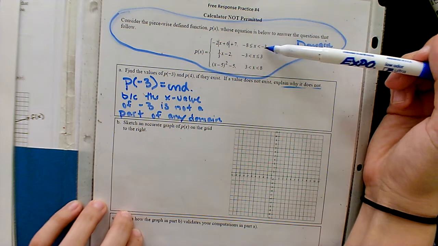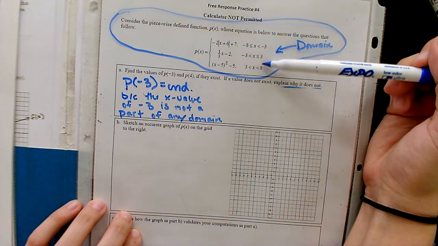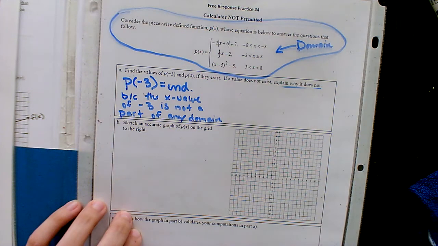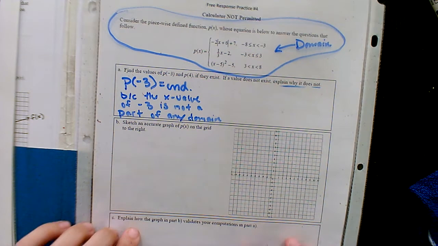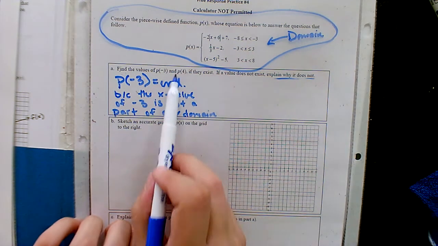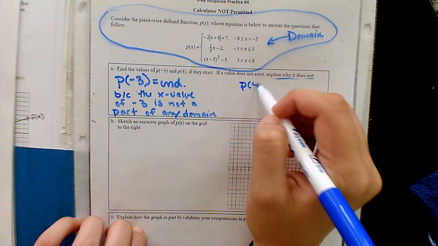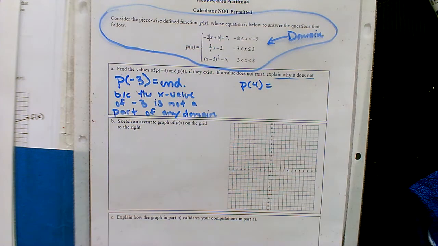Okay, -3 is not included in any of those 3 pieces. Now they do ask us to find another value. They want us to find P of 4. So again, we have to ask ourselves, which one equation could we possibly plug in for? Take a look at the domains, the x values, to help you make your pick.